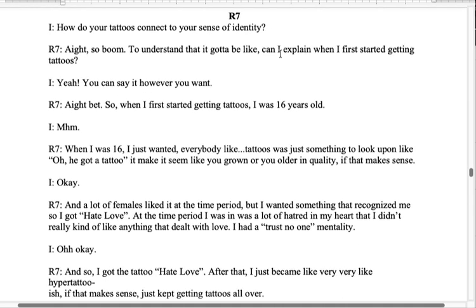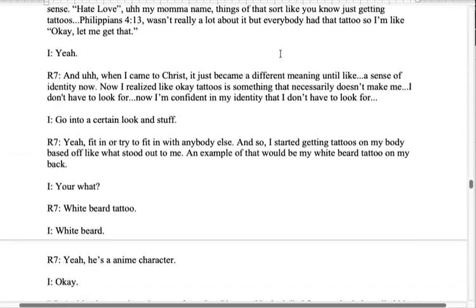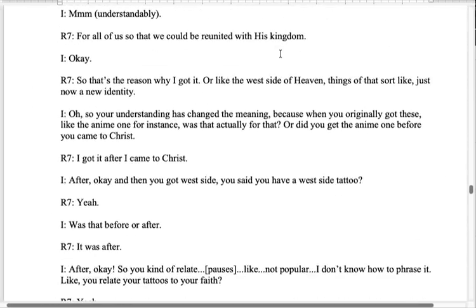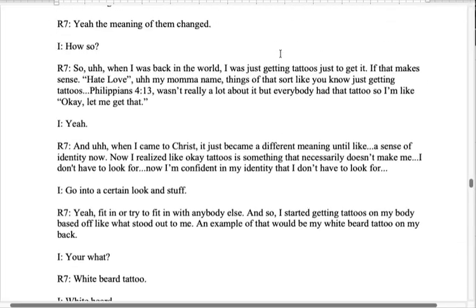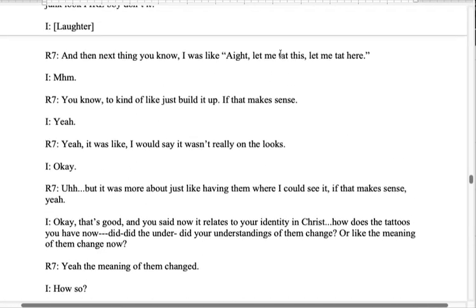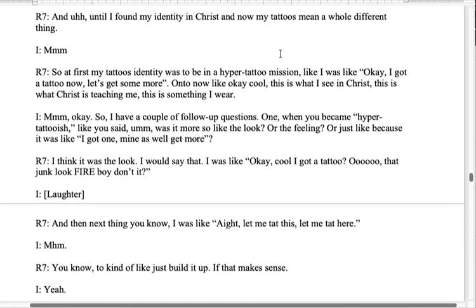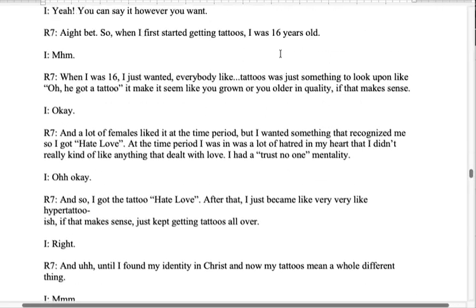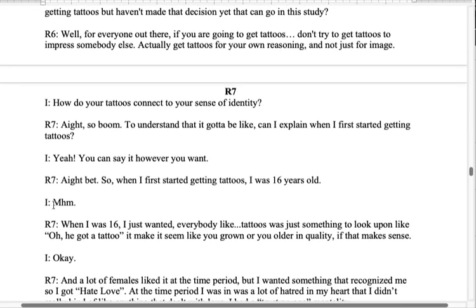So I've got this interview. It is kind of stretched out, and notice the transcriber gave each comment from the interview its own line.